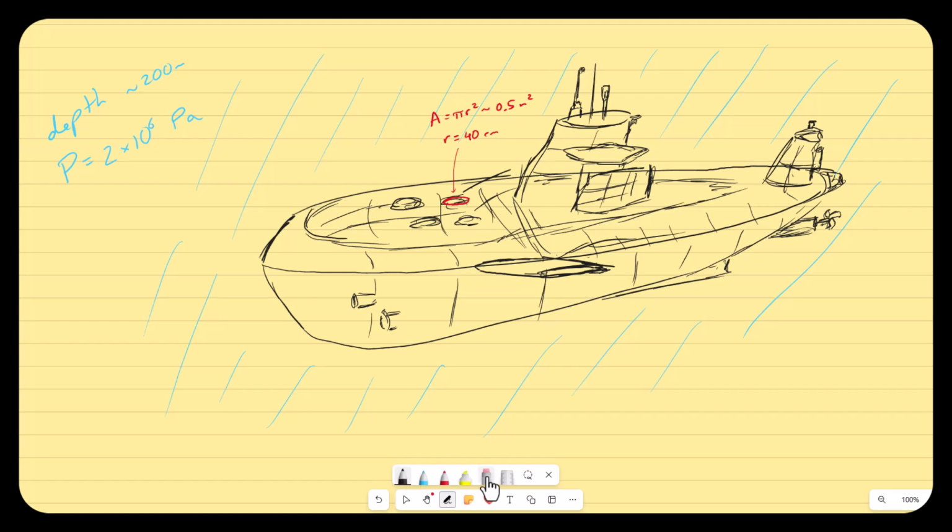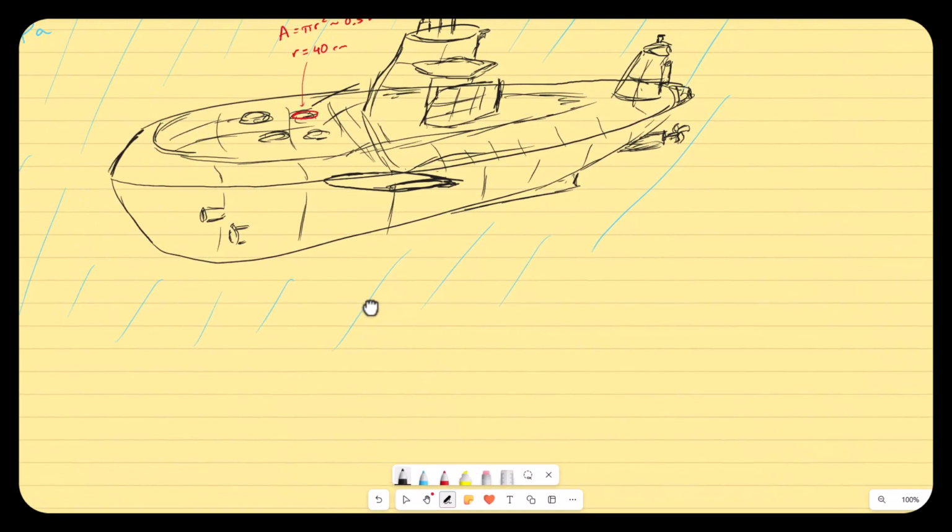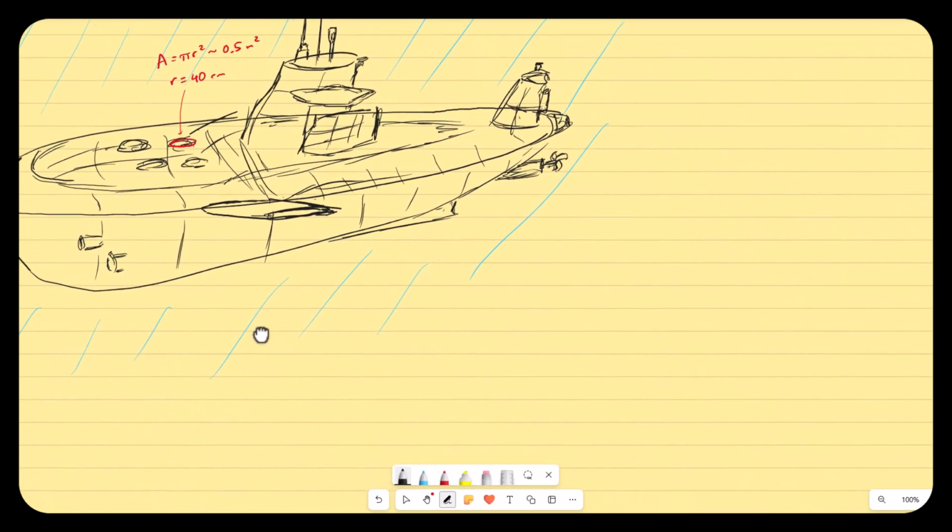So then, looking at this hatch, we've got this, and we have water pressure pushing down on it. If we wanted to find the force, we would say pressure is force over area.